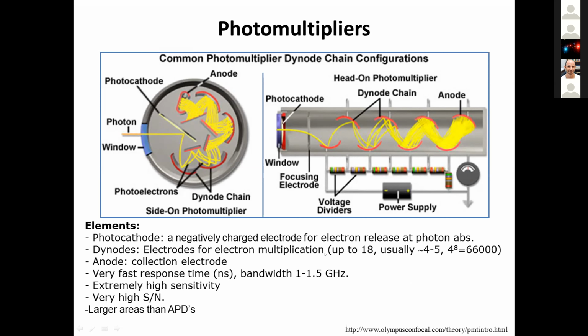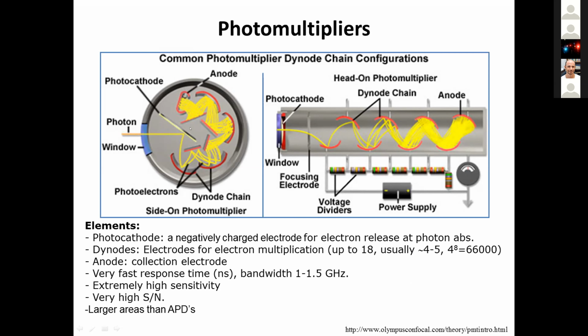Usually the multiplication is in the range of 4 to 5, but can go up to 18. And after all the steps, which usually are 8, you can amplify the signal coming from a single photon quite a lot.